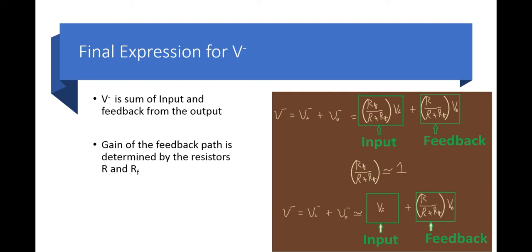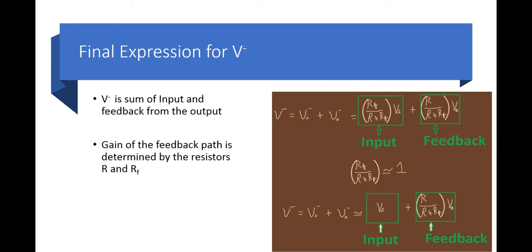And as you can see here, RF divided by R plus RF is approximately equal to 1, as RF is much larger than R. So V minus is then approximately equal to input plus a certain constant multiplied by output. So this constant is now our beta.